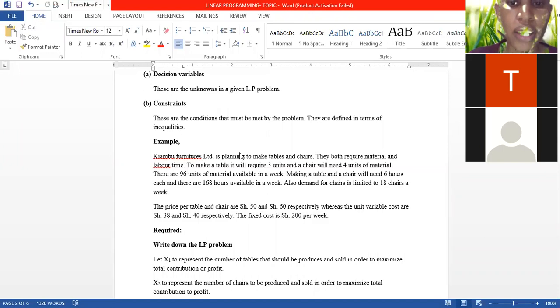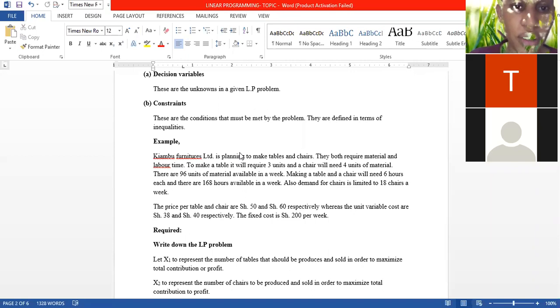And when you know that the objective is either a maximization or a minimization, you now ask yourself, what are the decision variables which I should have in my objective function? This is a question I'll address and say, these are the number of units to be produced for me to be able to maximize on my profit, or to minimize on the cost.